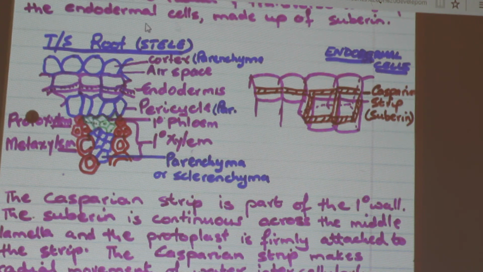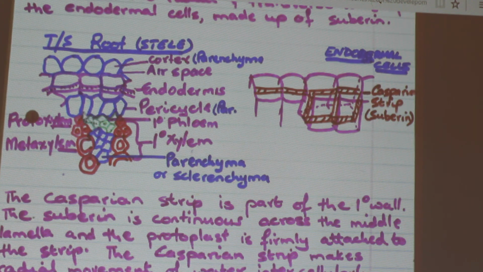This is a transverse section of the root, and it's not the whole of it. We haven't shown the epidermis. We have shown you part of the cortex. The important thing is to show you the location of the endodermis. The endodermis is the last layer of the cortex. Just below the endodermis, you have parenchyma cells.